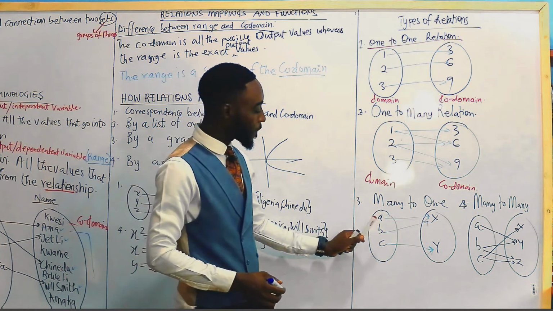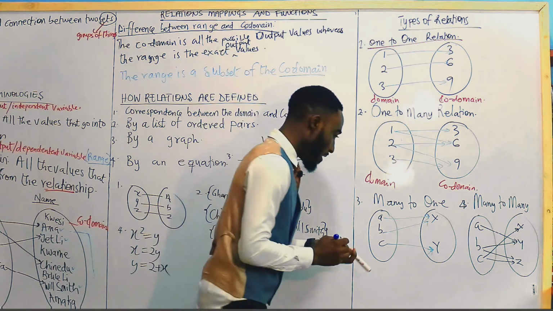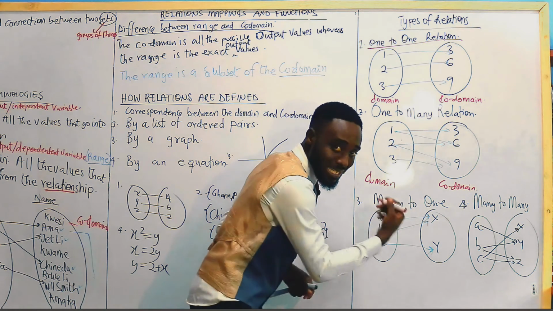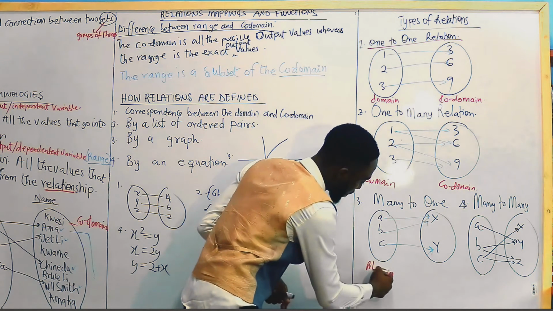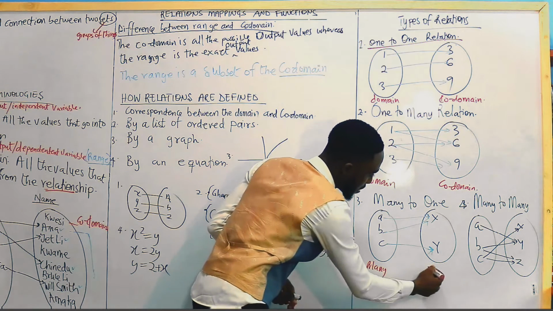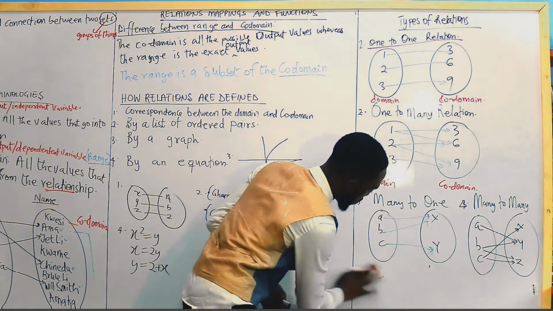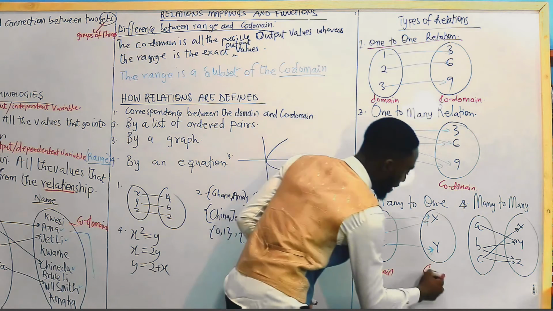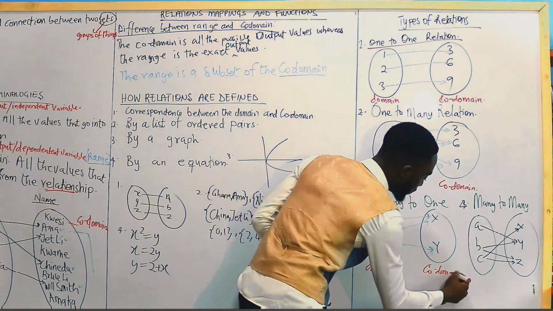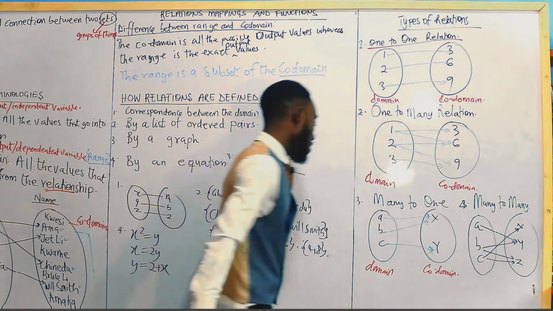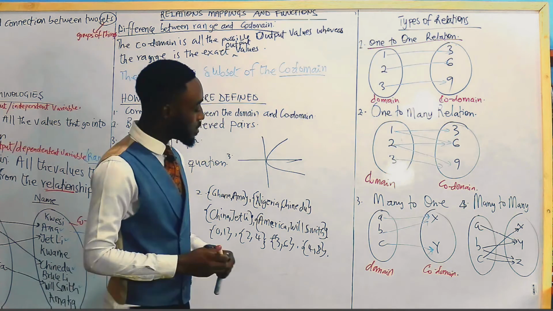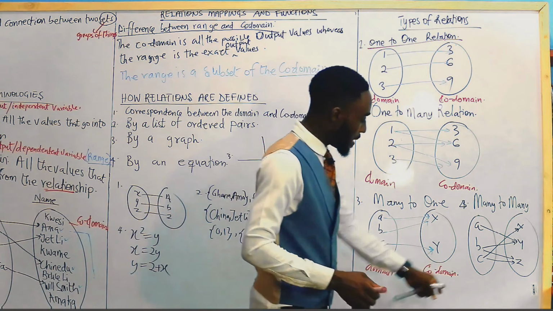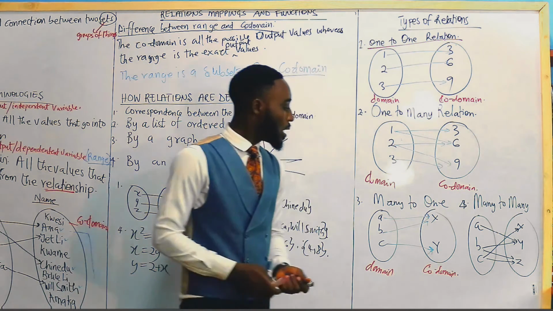So many in the domain mapping to just one in the codomain. Very simple. Or as you can see, the dependent and then the independent set.